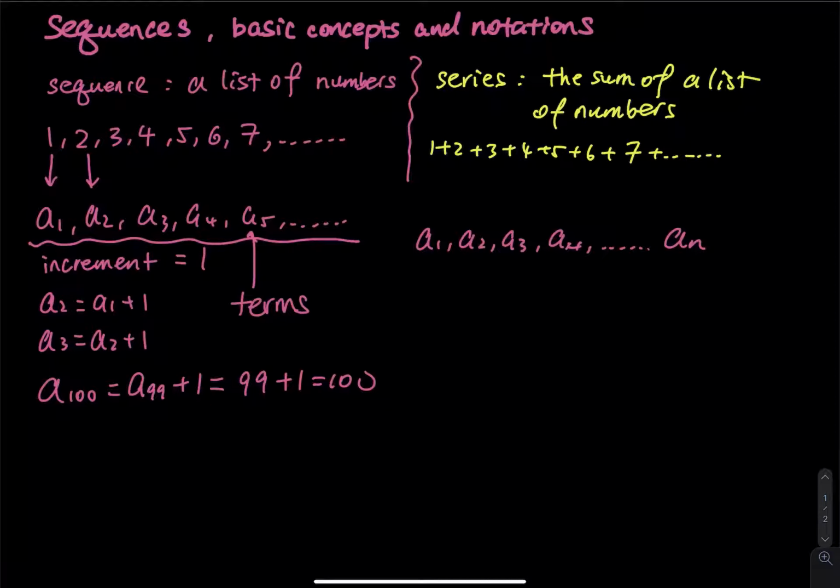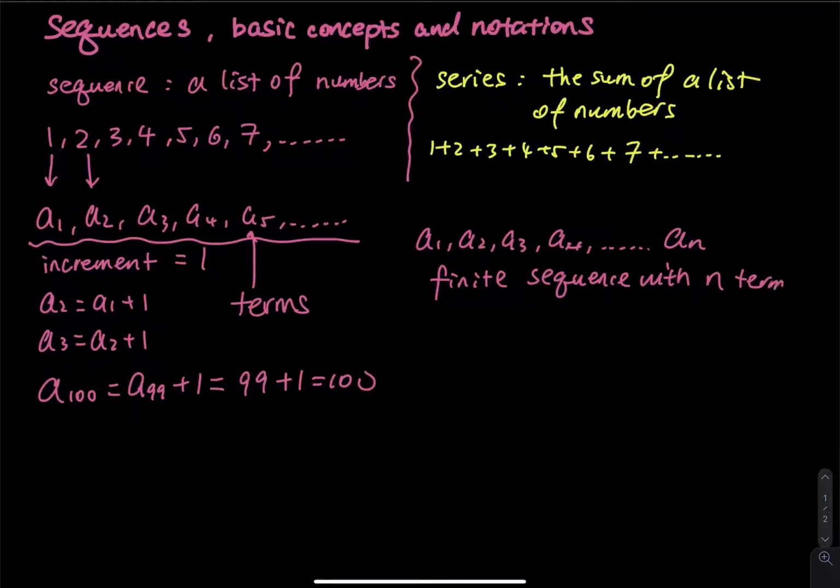If n equals 100, then we know there are 100 terms. If n equals 10, then there are 10 terms. If the subscript n is equal to 15, there are 15 terms. So this is called a finite sequence. Finite means a countable sequence with n terms.